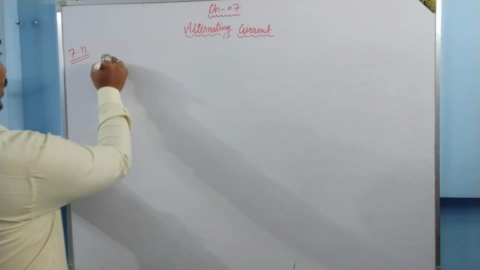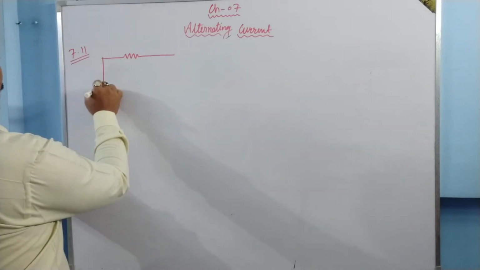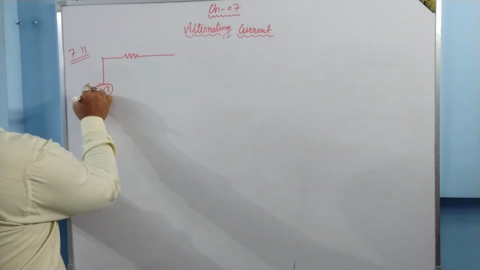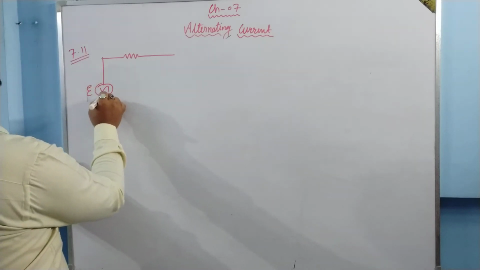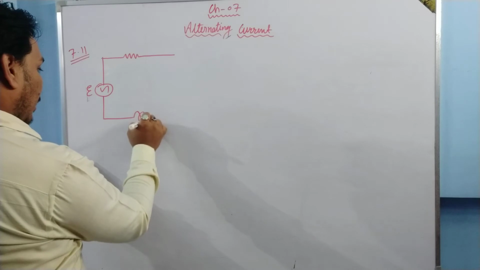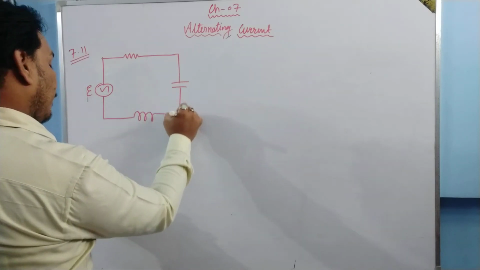How is that figure? Let me make that figure. This is your resistance. There is a source EMF. One inductor is connected and one capacitor is connected.